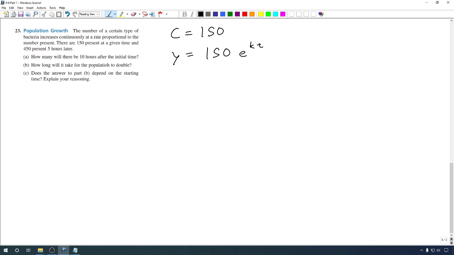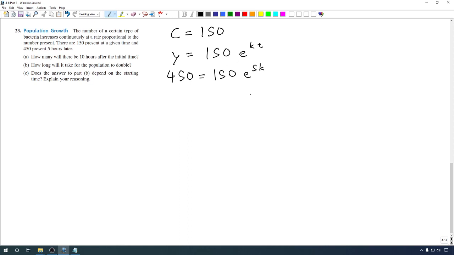So we'll use the fact that when t equals 5, the y should be 450. So 450 is equal to 150 times e to the 5k, because I'm replacing t with 5. And this is now an exponential equation that I need to solve to find out what my k value is.